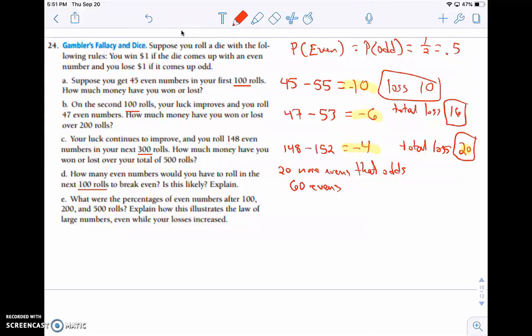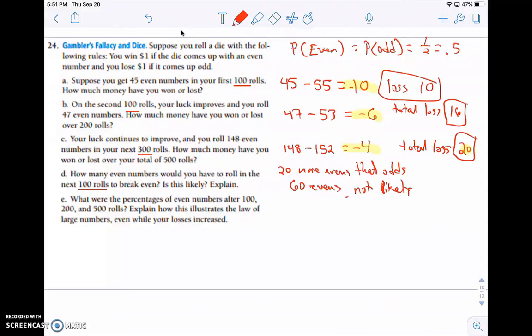To get 60 evens, that would mean that 60% of those rolls have got to be an even number, which is not likely. So 60 evens is not likely because, again, the probability is 50 out of 100 or 0.5. So it's not likely over the next 100 that you're going to make up those 20.